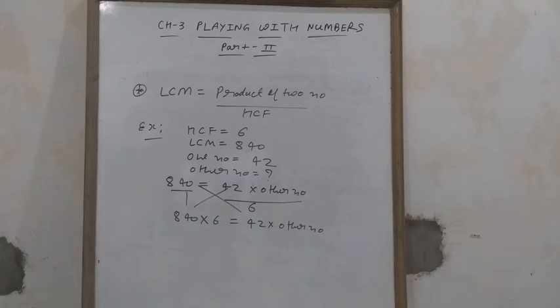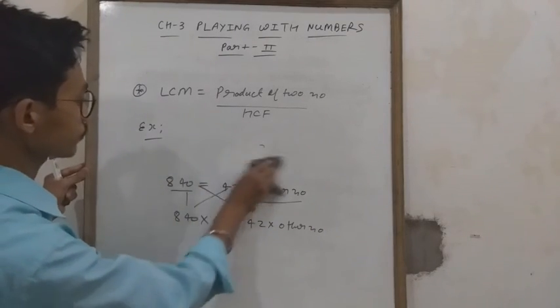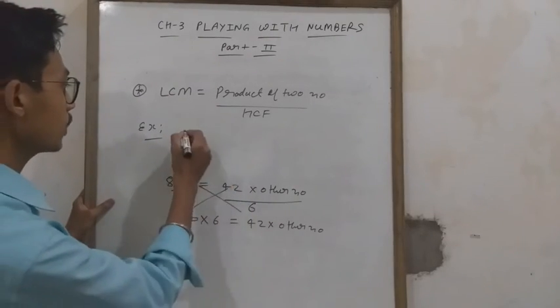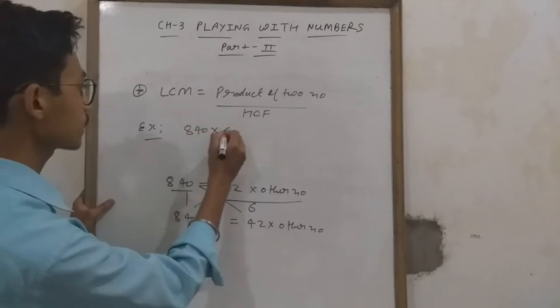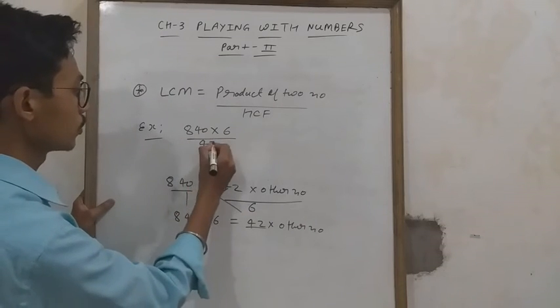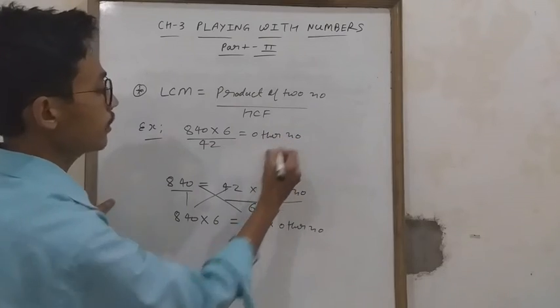Now you have to solve, student. So here I am going to write. This I am going to erase. So 840 into 6. Here you can write, student, 840 into 6 upon 42 is equal to what, student? The other number.